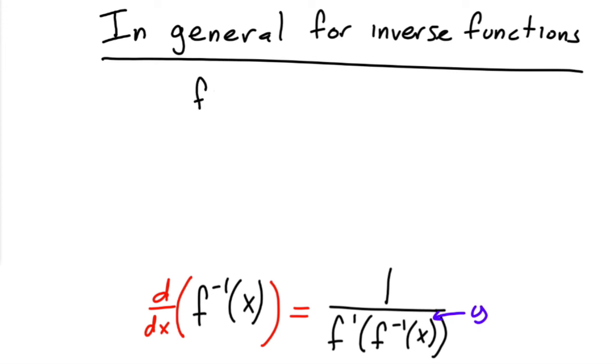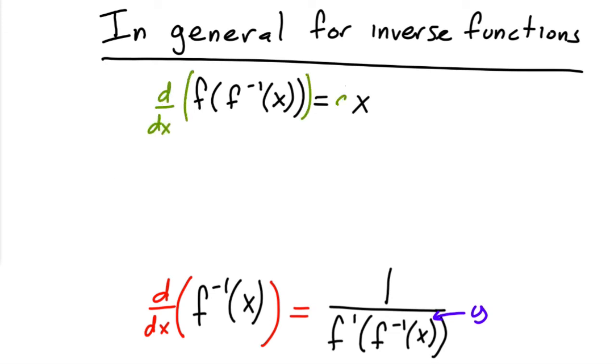Well, similarly to how we did the inverse sine, you have f of f inverse of x is equal to x. You get the derivative of the left side and the right side. And it's pretty much the same thing.